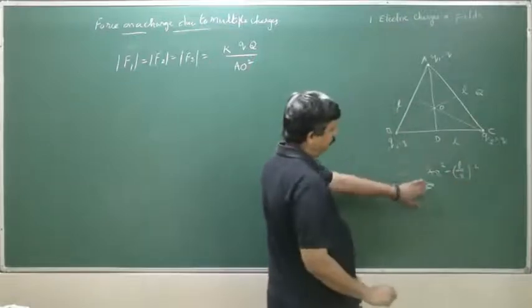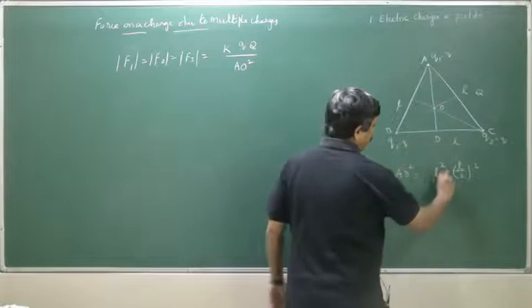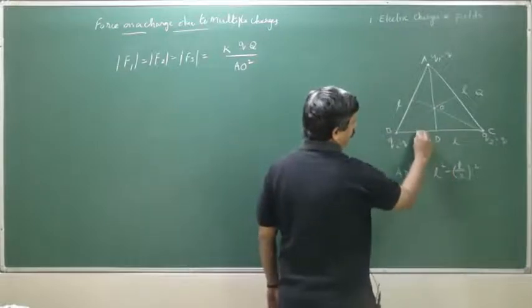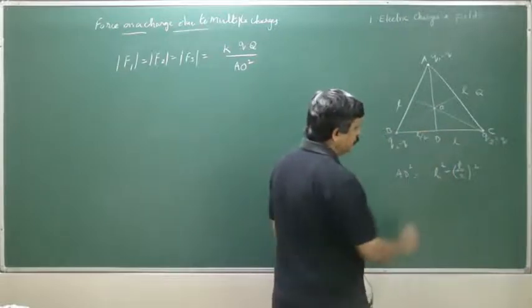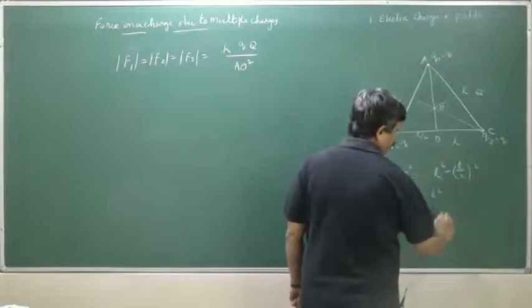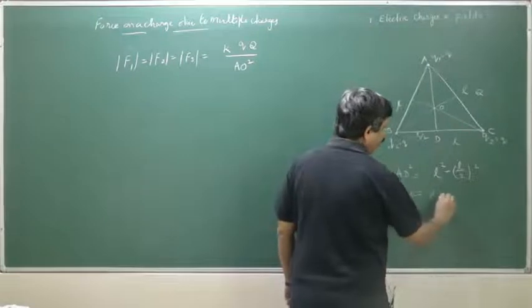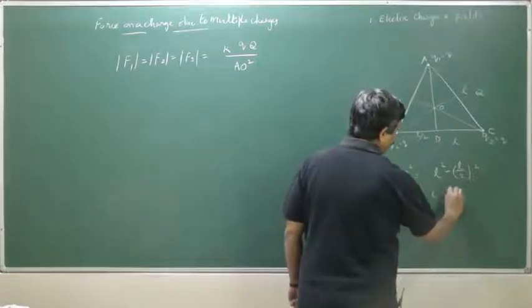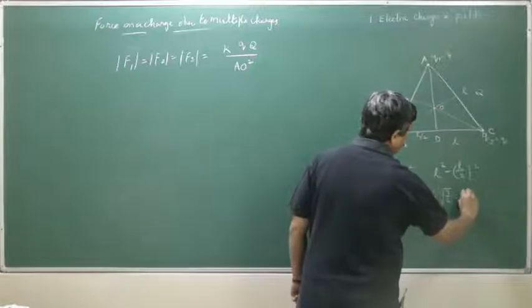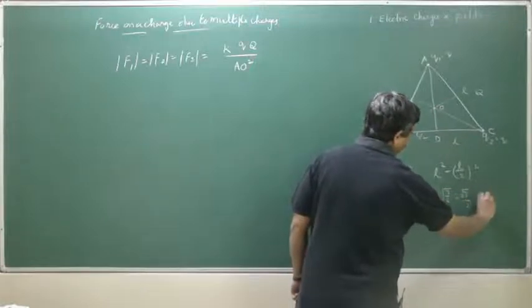This is L square minus L by 2 square, where this is L by 2. So AD is equal to L into square root of 3 by 4, which is root 3 by 2 into L.